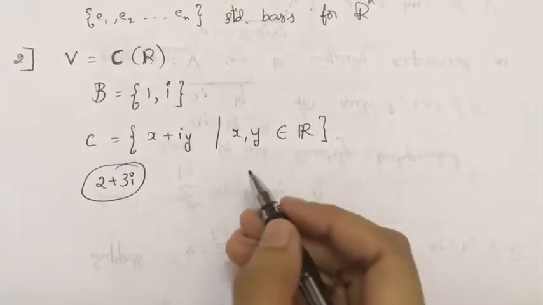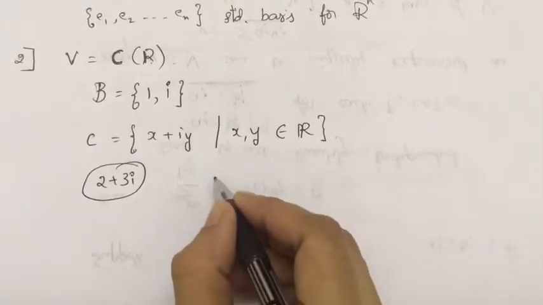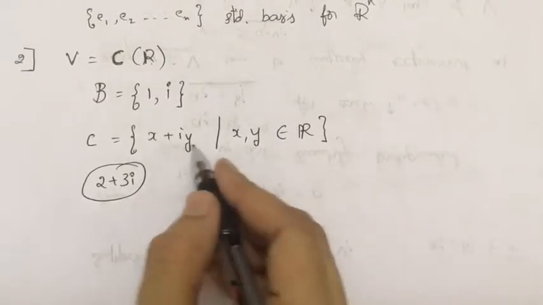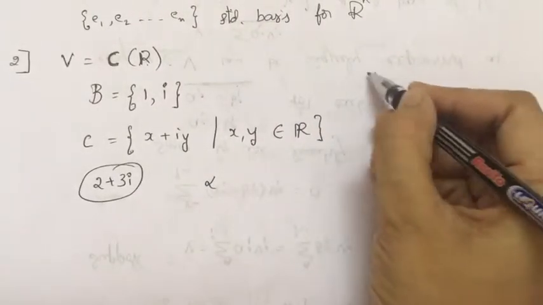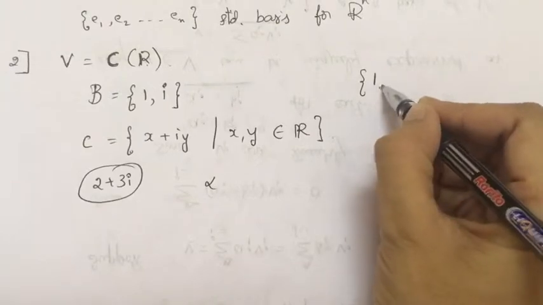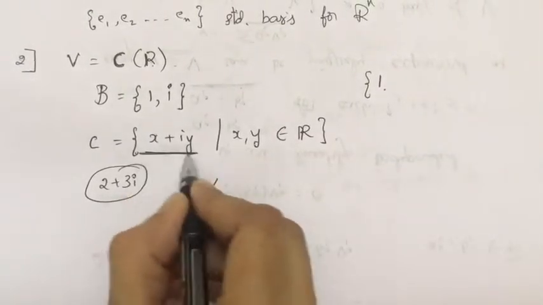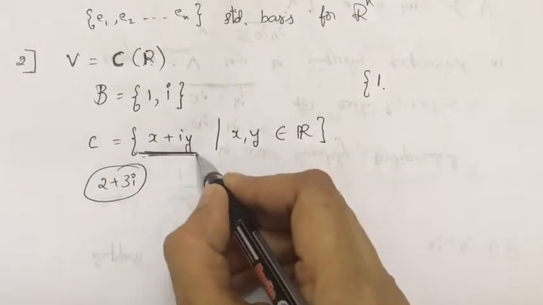Then I'm taking some alpha into 1 plus beta into i. I cannot just take 1 in my basis because the element is of the form x plus iy, right?